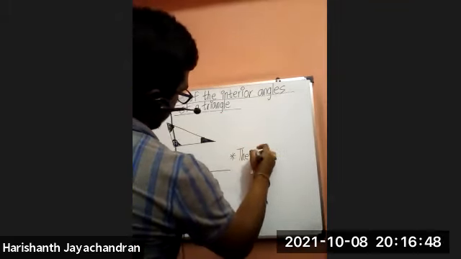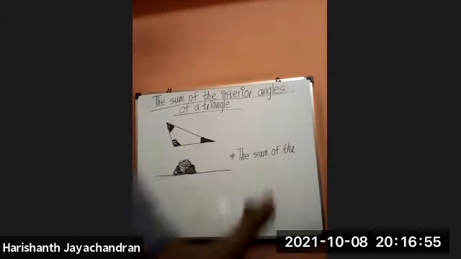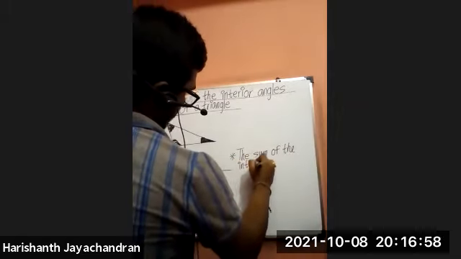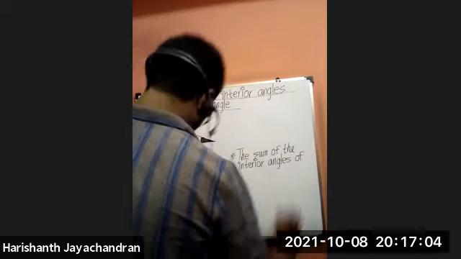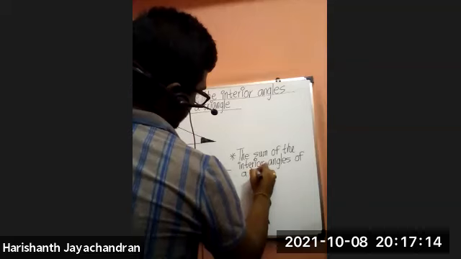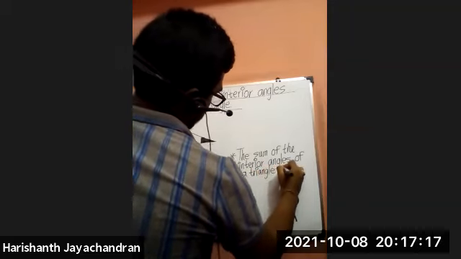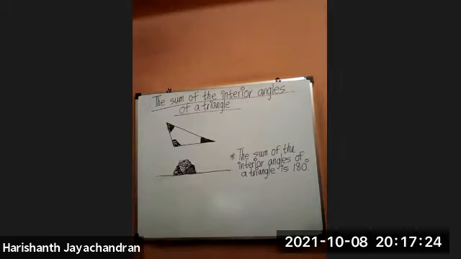So what you can state now is, write a point saying that from this, one thing is very clear for us: the sum of the interior angles of a triangle is 180 degrees.